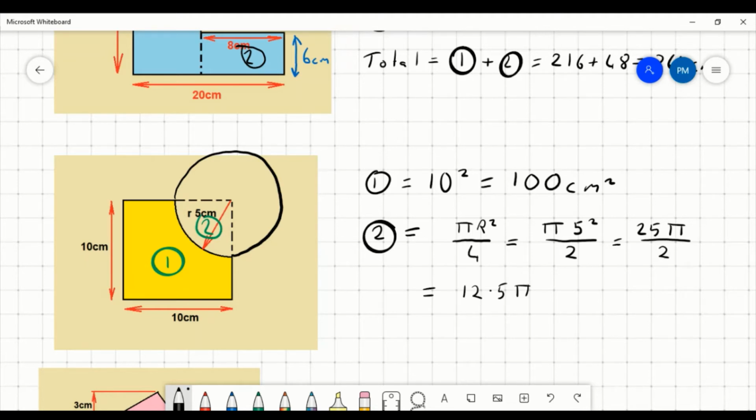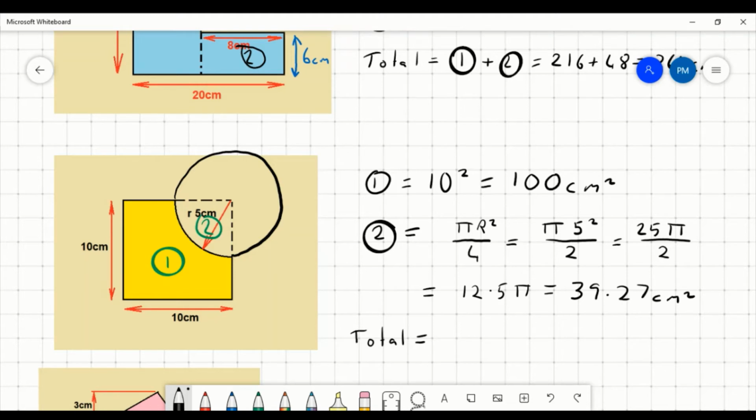And again, I'm going to just multiply that out, because we'll be putting our two different symbols there together. So we get roughly 39.27, rounded to 2 decimal places. 39.27 centimeters squared.